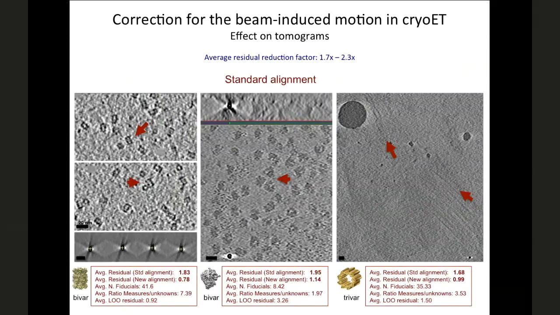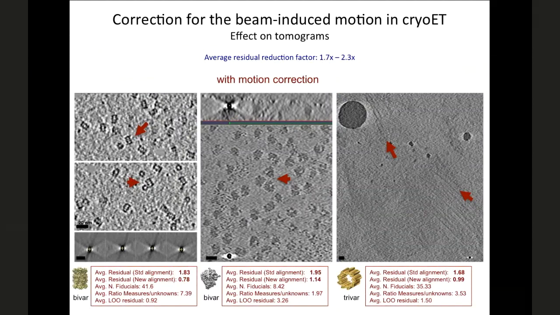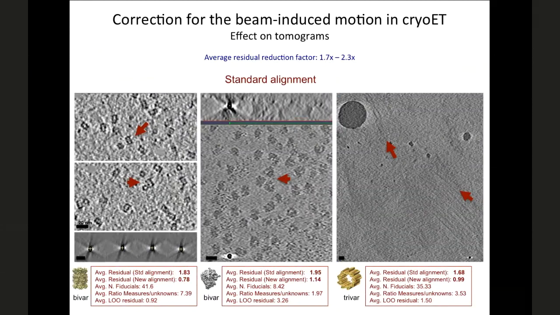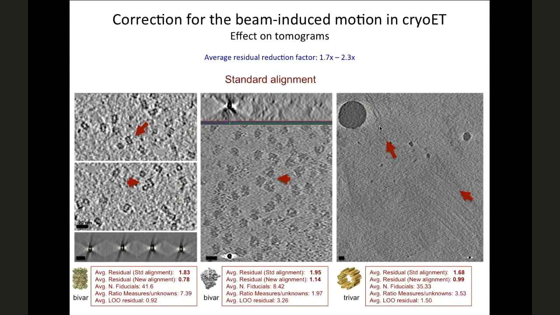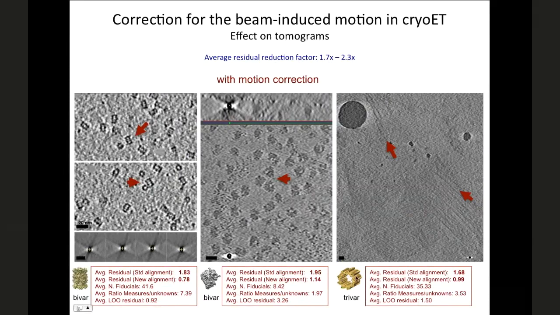It's original, with motion. We can see improvement around the gold particles, but also in the biological structures. Original, new. Proteasomes, ribosomes, and also in the microtubules from the basal bodies.